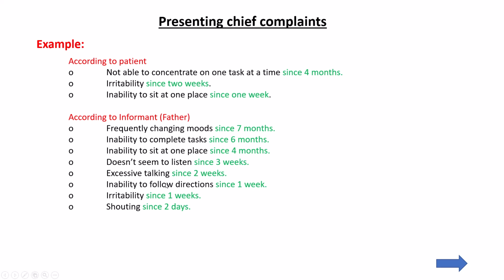He comes home early. So that is the type of inability to follow directions, since 1 week. He is not able to study. Then irritability since 1 week: they find he gets irritated, and they have been finding it since 1 week. But the patient himself understood it since 2 weeks, while the father understood that he has had this problem since 1 week.